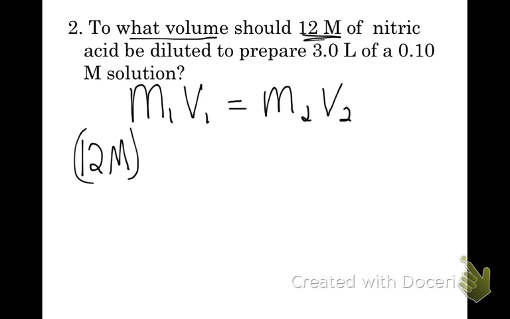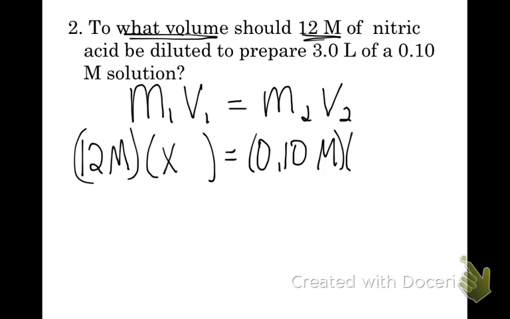And I don't know what the volume is. I have to figure that out. So that's my X volume. I'm going to leave some space so I can put a unit in there in just a bit. My molarity of the second one is 0.10 molar. And the volume is 3.0 liters. Okay, so I know that liters is over here, I'll use liters over there. Go ahead and solve for x.